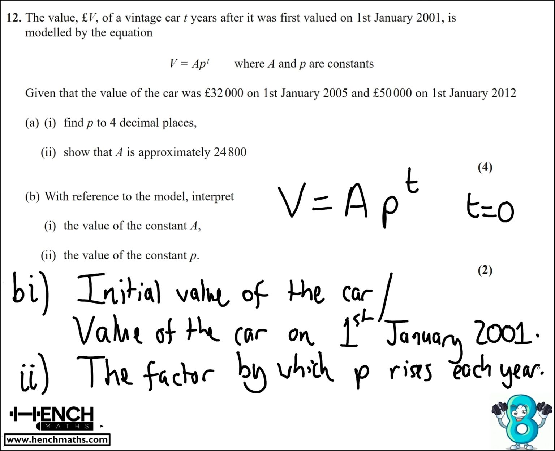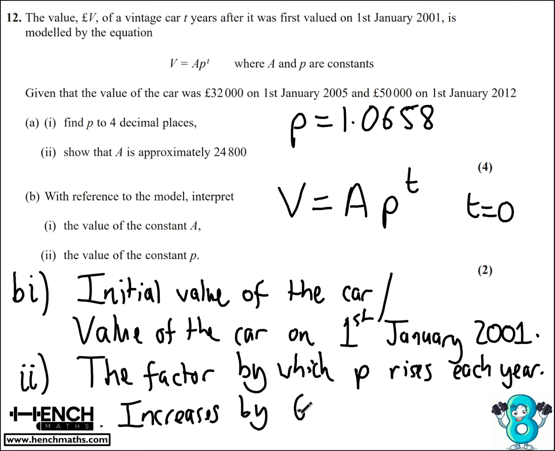If you remember from compound interest at GCSE, our value of P was 1.0658. So you could see that this 0.0658 is your percentage increase. So you can also say it increases by 6.58% per year. This is your percentage multiplier. So that's our interpretation of the values A and P in our equation.